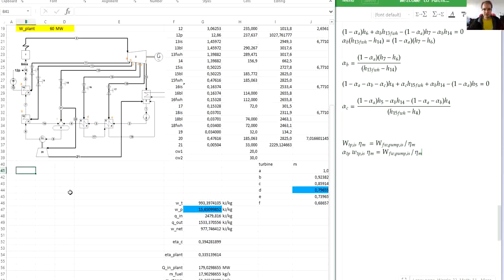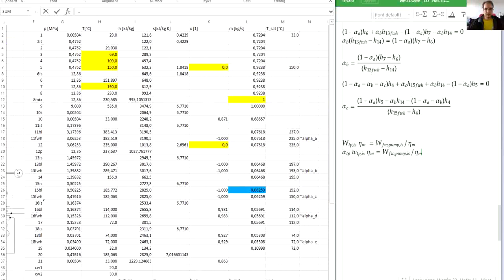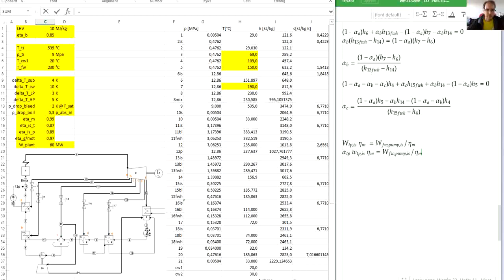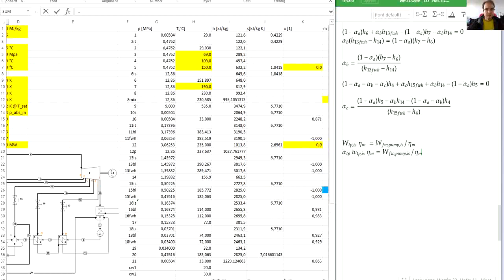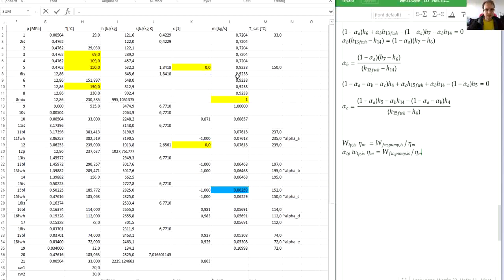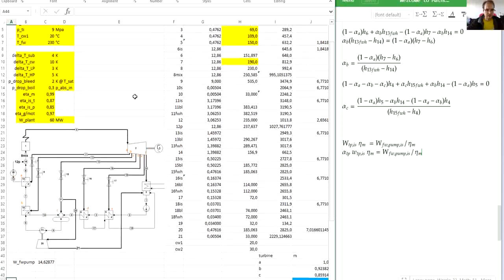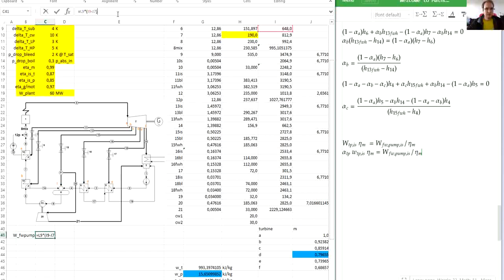So somewhere we put the work of the feedwater pump, like this, and the work of the feedwater pump is between streams 5 and 6, so it's the mass flow rate at 6 multiplied by the enthalpy difference 6 minus 5, and this is isentropic work, and we will need to divide it by mechanical efficiency to get mechanical work.